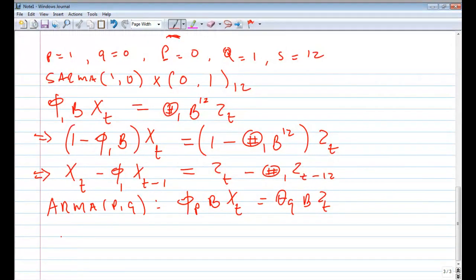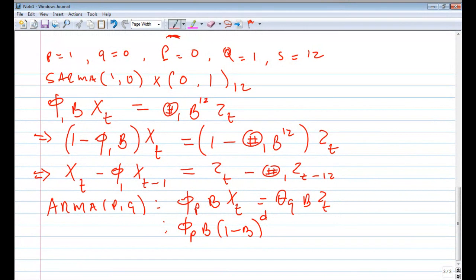So immediately when you add differencing, in the autoregressive part, you are going to have phi p B. Then because it's not stationary, you have to add differencing, which is what? 1 minus B to the power d. So in other words, we're generalizing it.